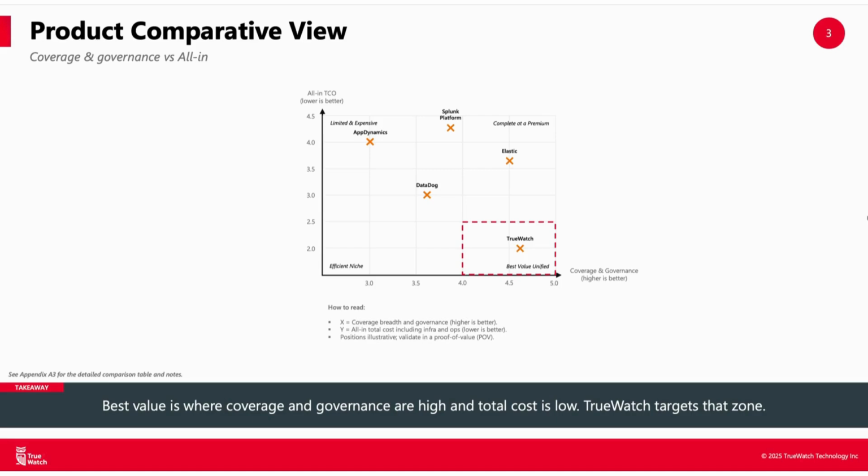We split it up into 4 quadrants. TrueWatch sits at the bottom right, which is the best value unified observability section. What do we mean by that? TrueWatch, the cost is really low, total cost of ownership wise, and in terms of coverage, we cover quite a bit, like the various clouds, including Alibaba, Tencent, and Huawei Cloud.